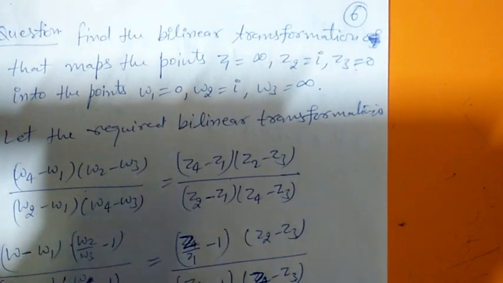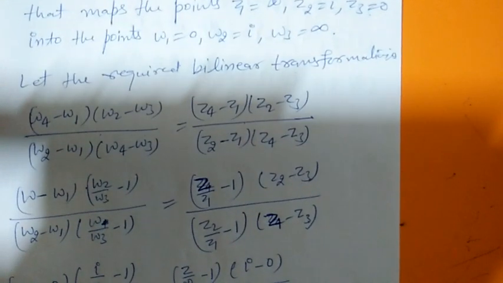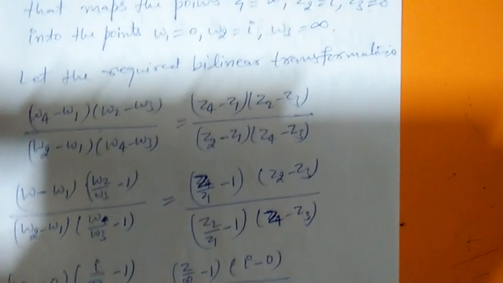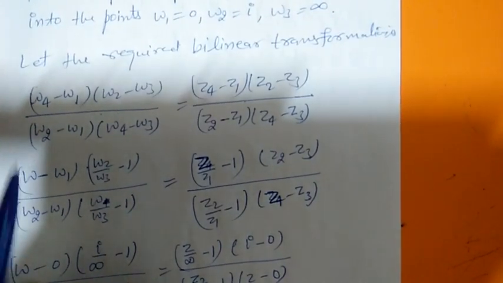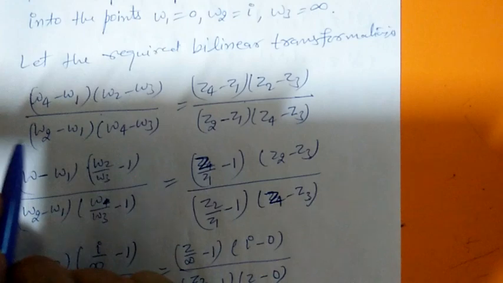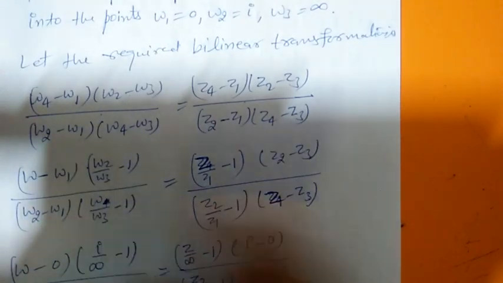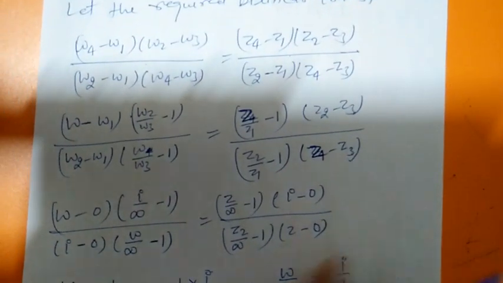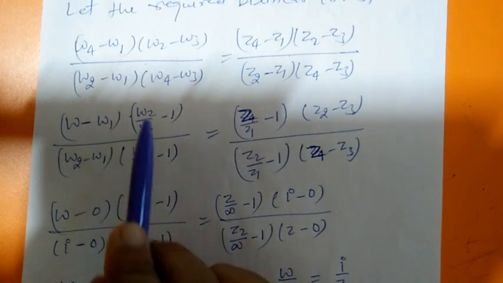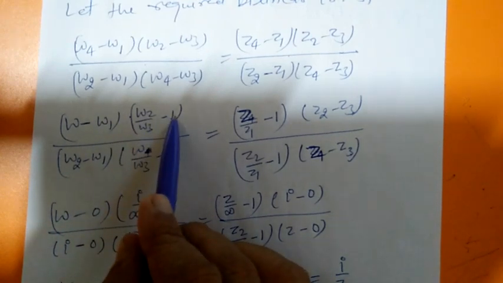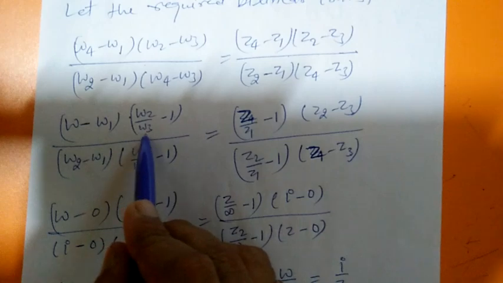That is the same bilinear transformation used in the previous question. So after putting the values of wi's as well as zi's in this expression, we obtain w minus w1 upon w3 minus 1. Why w2 upon w3 minus 1?